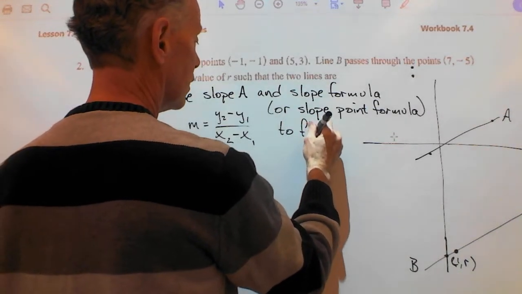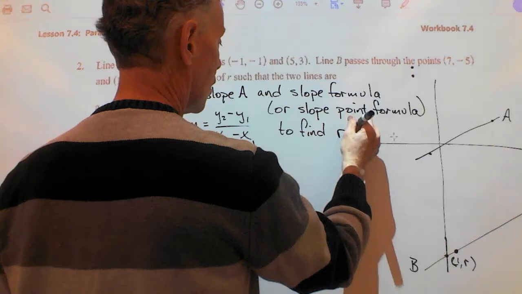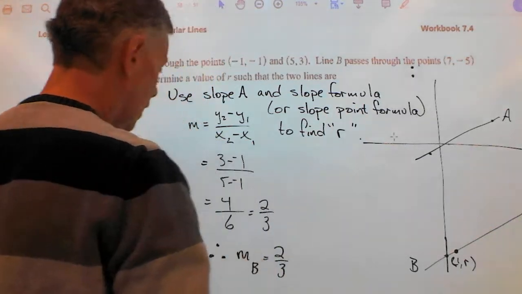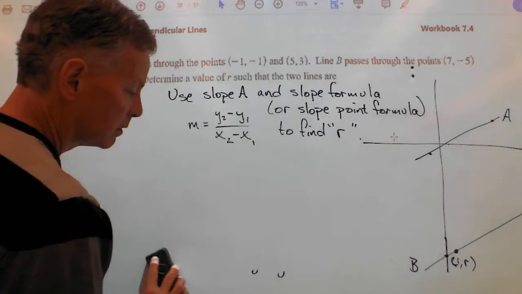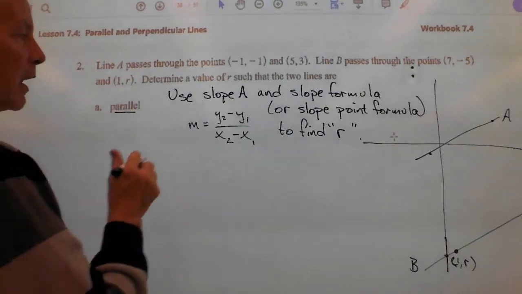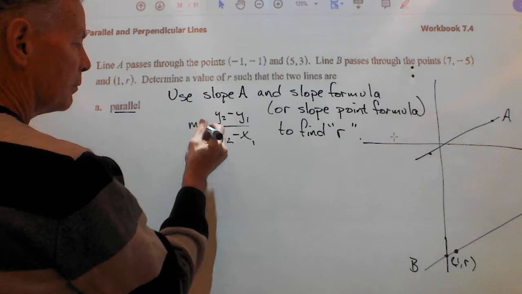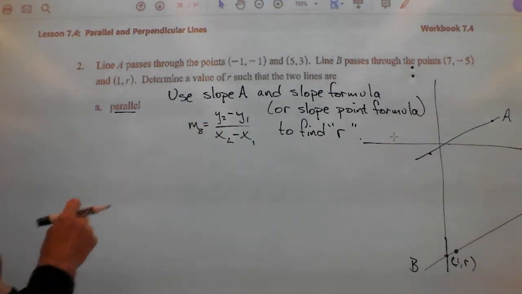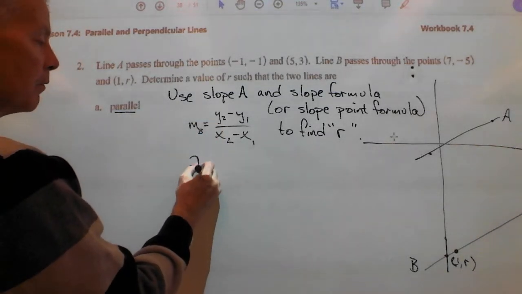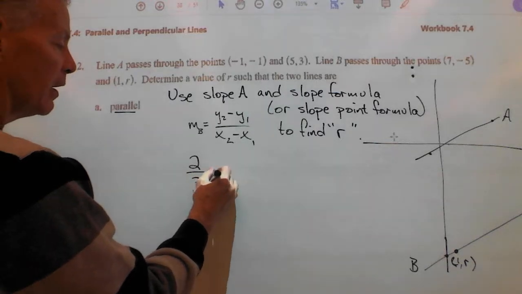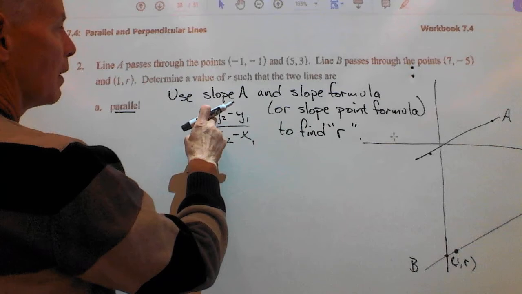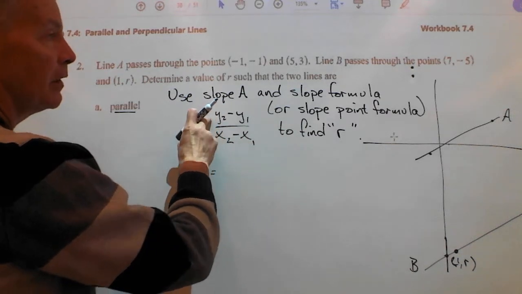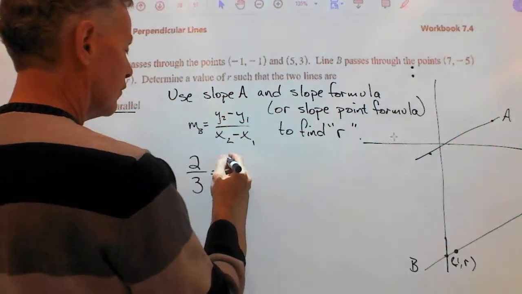to find r. So we'll just leave our slope formula right here. So in dealing with line B, remember we're dealing with line B now, we know the slope of line B. Remember it's the same as the slope of line A, it's 2 over 3. Our y2 is negative 5.